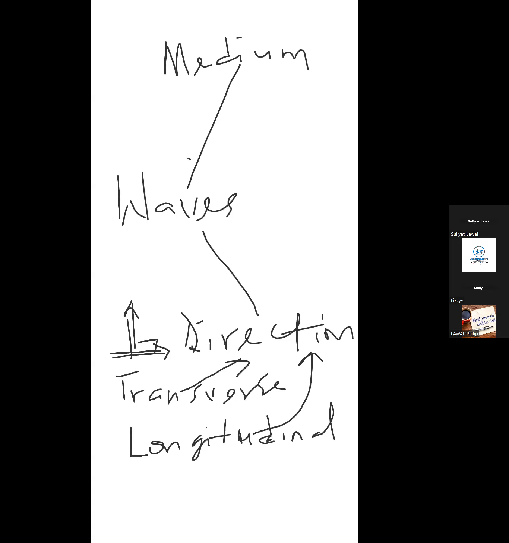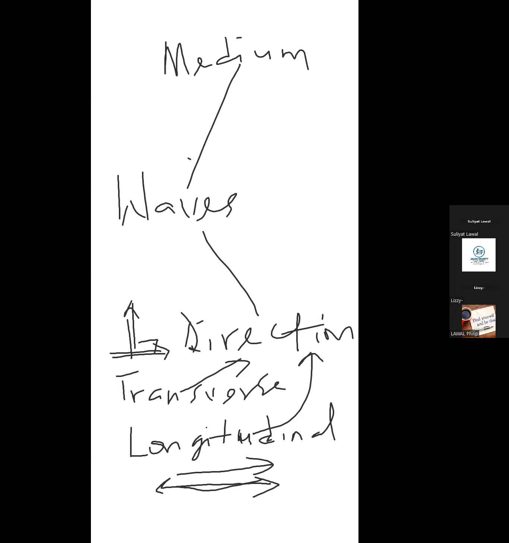But for longitudinal, the wave is traveling this way, and the particle of the medium is also traveling either this way or in the opposite direction. But you can see that it will always form a parallel line. That's why I'm not going to be using the words same direction. It can be the same, it can be different, but they are traveling in a parallel line to each other, or linearly. You will not get these details if you don't have someone explaining them in detail like this.